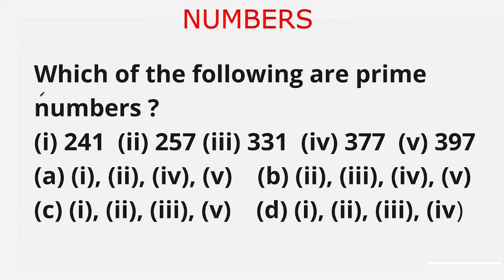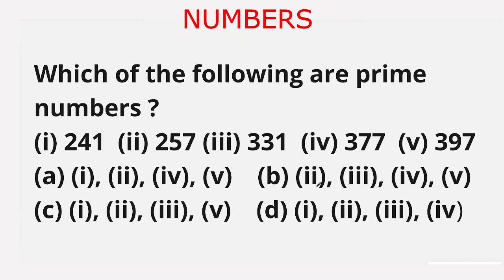Our question is, which of the following are prime numbers? The given numbers are: the first number is 241, second number is 257, third number is 331, fourth number is 377, and fifth number is 397. The given options are: option A, first, second, fourth and fifth are prime.